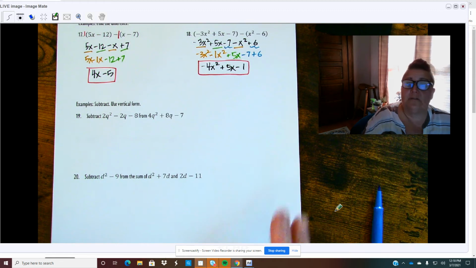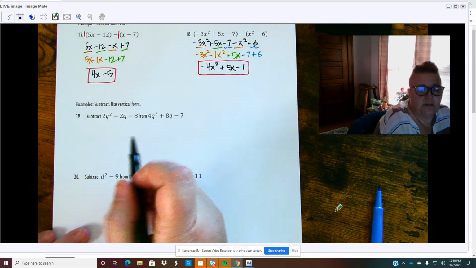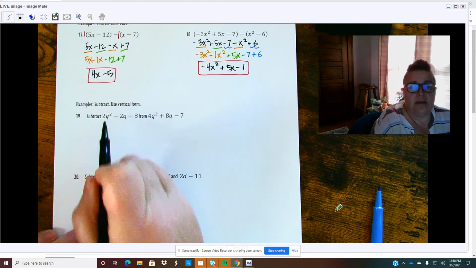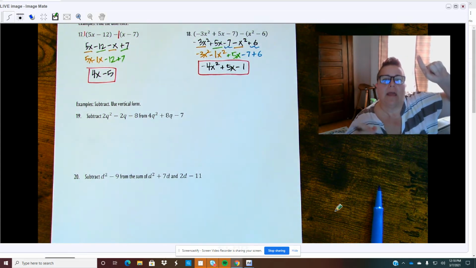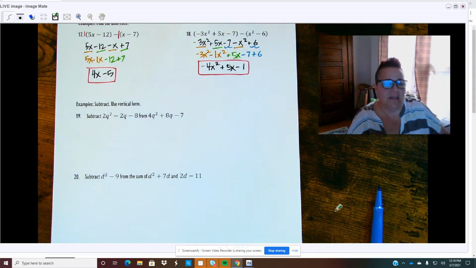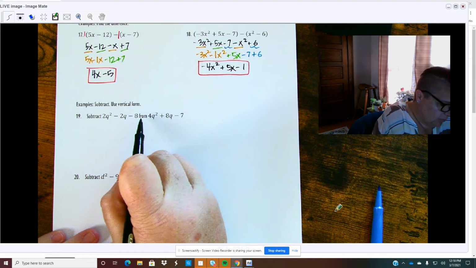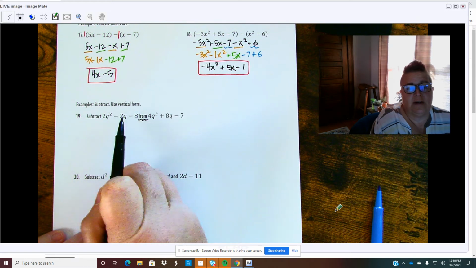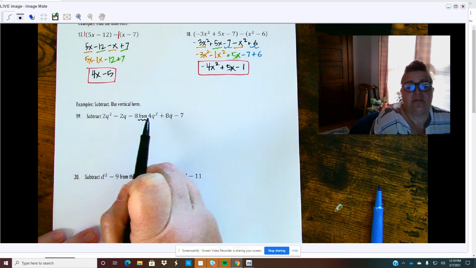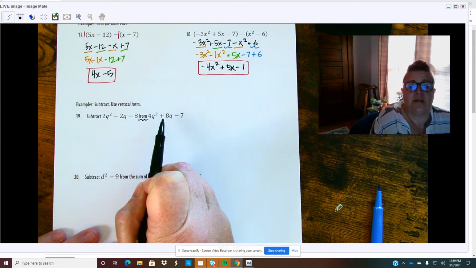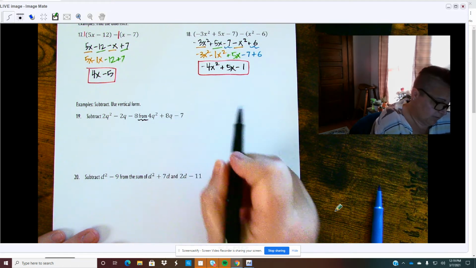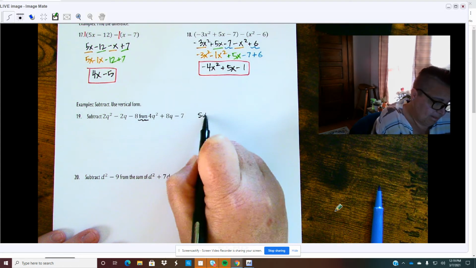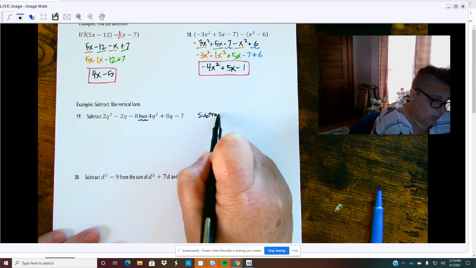We can also subtract in vertical form, much like we did before. So we're going to rewrite. Okay. So we have to think really closely about the word from. So if we're going to subtract 2q squared minus 2q minus 8 from 4q squared plus 8q minus 7, the order is important.